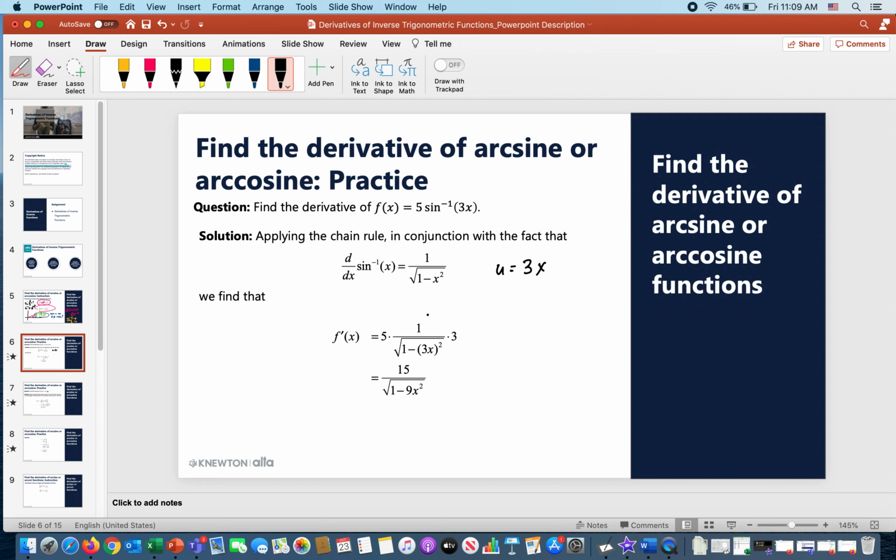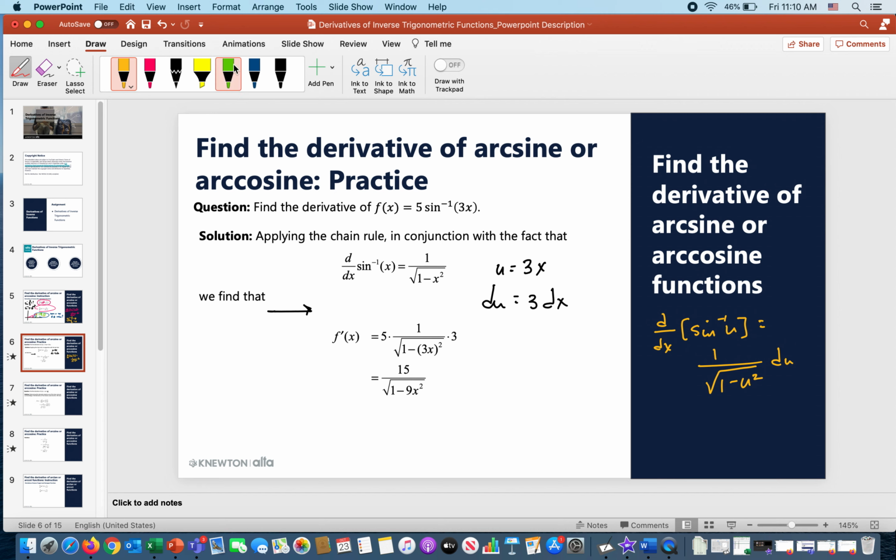Now look, I'm working this out a little differently than what you see here in the PowerPoint. du is going to be 3 dx. So the rule that I would refer to would be the derivative of the inverse sine of u is equal to 1 over the square root of 1 minus u squared du.